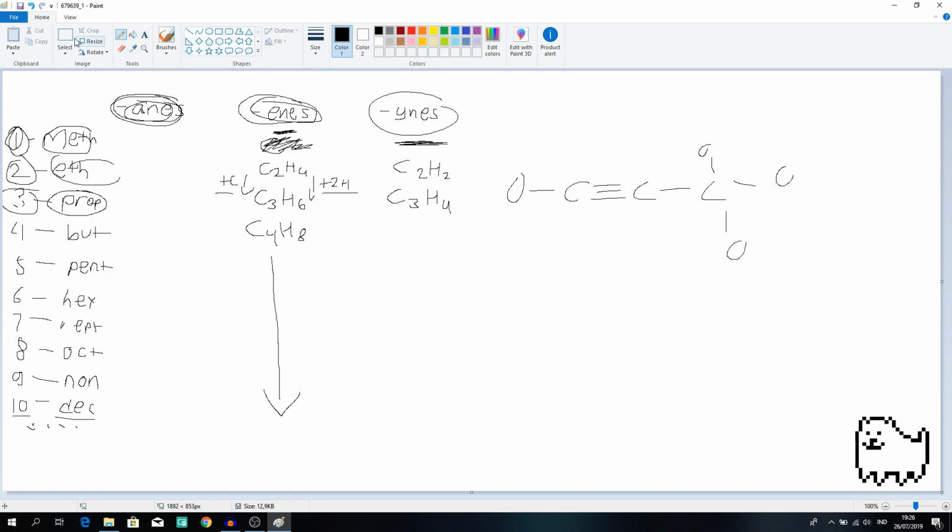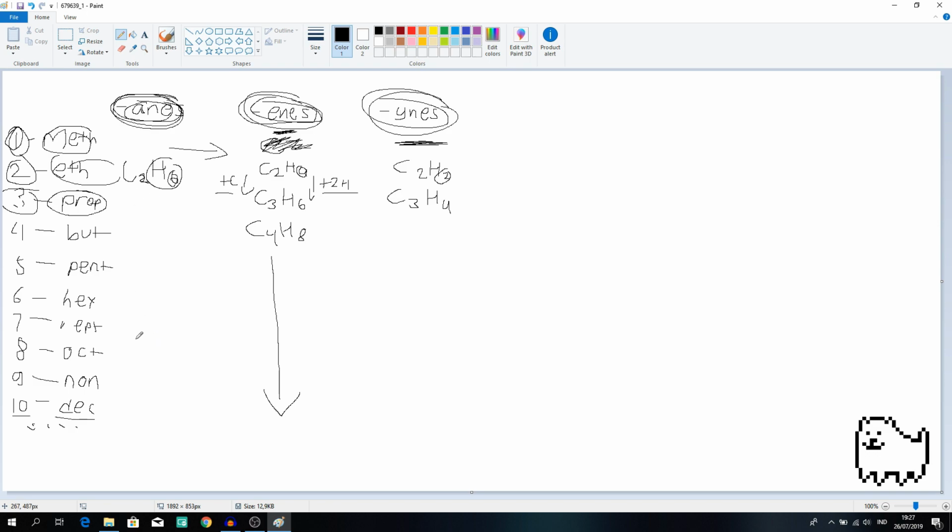So the only difference between them is the amount of hydrogens that you start with. In ethane you start with 6, and in ethene 4, and as you move on you decrease the hydrogen by 2. So from 6 to 4 to 2. The starting hydrogen is smaller. So this is how you can tell if something is an alkane, an alkene, or an alkyne.